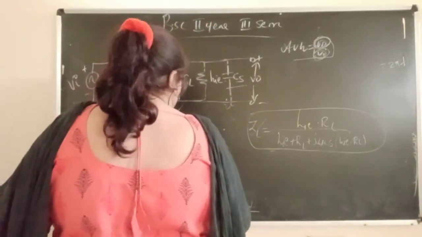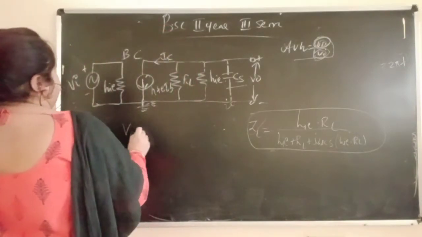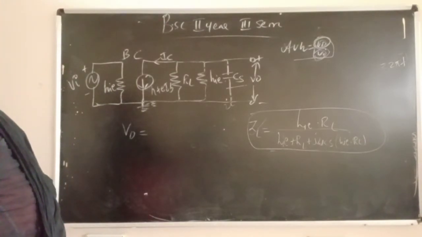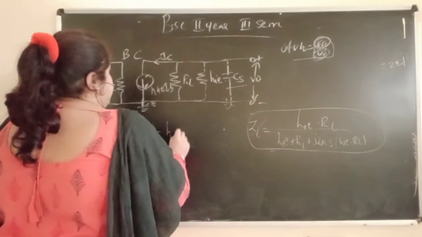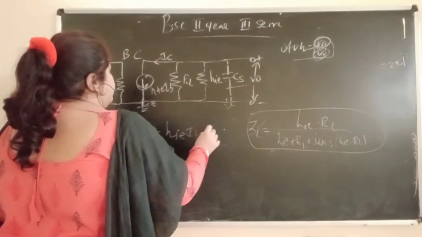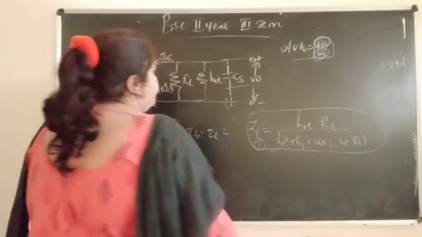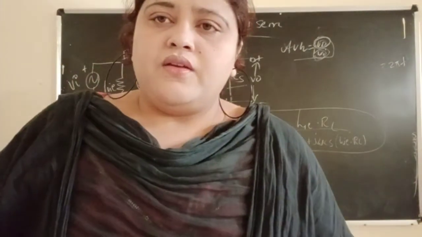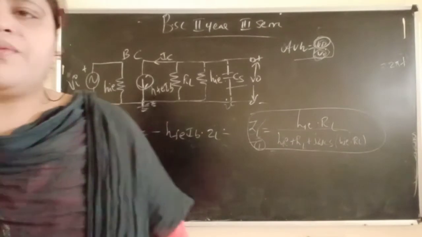For writing the output formula, V naught equals, using V equals IR, minus HFE IB into ZL. You can number this as one for all high, low and mid frequencies, or you can give a new equation number also, your wish, no problem.